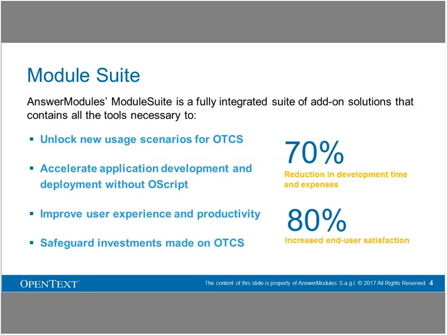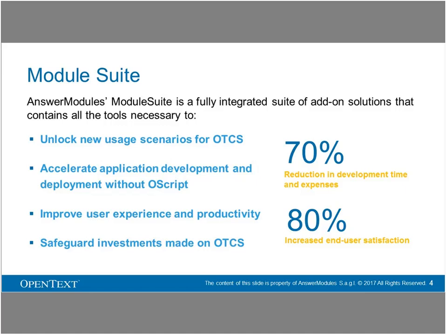So, what do we do? Our solution is called ModuleSuite, and it's not a single product, but a collection of tools dedicated to extending and enhancing Content Server. We have identified 4 key value propositions for the ModuleSuite.